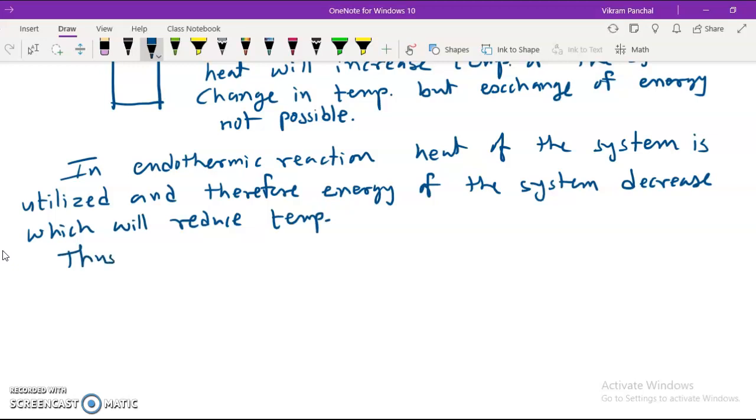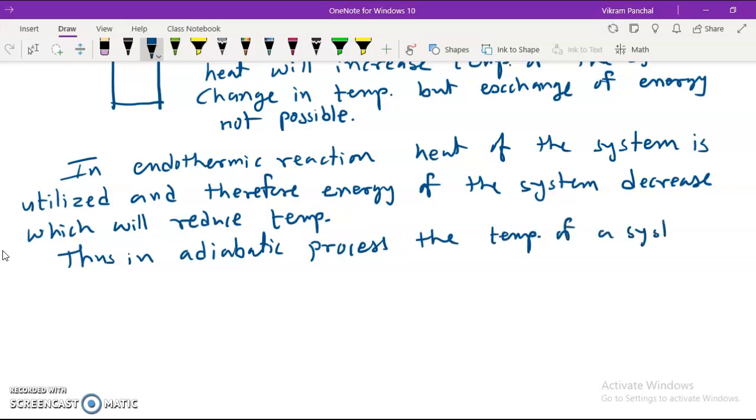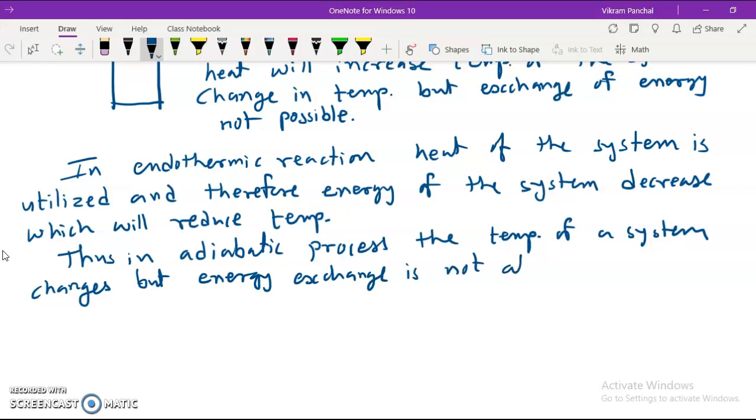Thus, in adiabatic process, the temperature of a system changes, but energy exchange is not allowed. So heat changes will be zero.